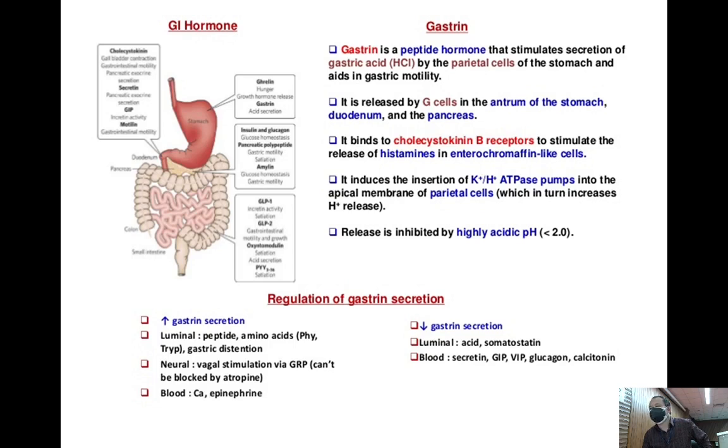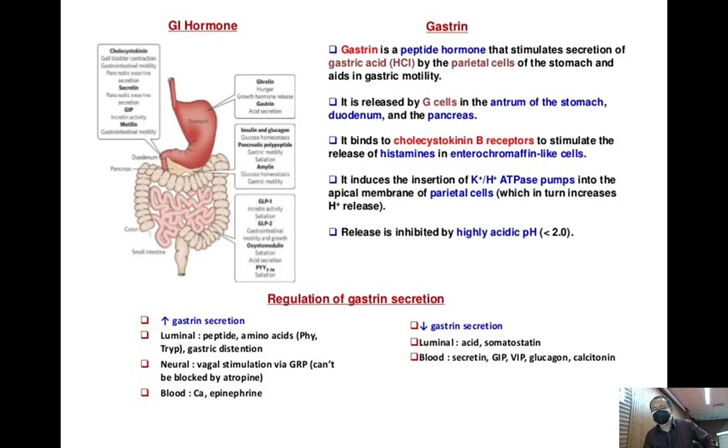So gastrin binds to the enterochromaffin-like cells. There are receptors on the enterochromaffin-like cells for gastrin, called cholecystokinin B receptors, and this binding results in the release of histamine. Histamine acts on the parietal cell, which is stimulated, and there will be secretion of acid from the parietal cell.